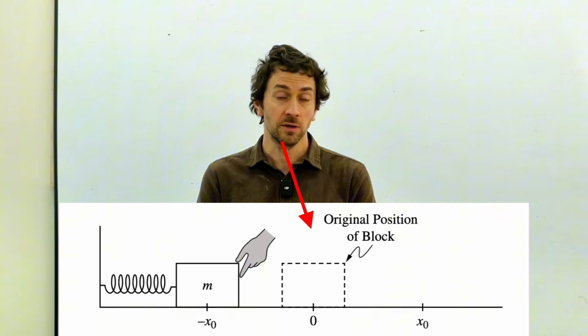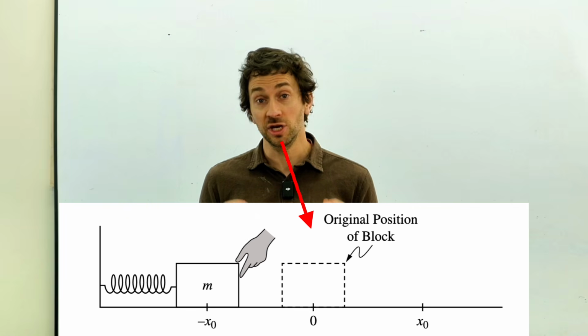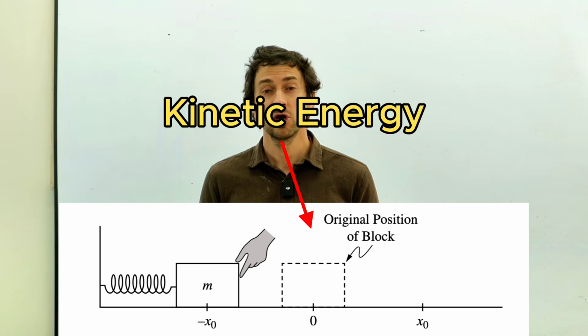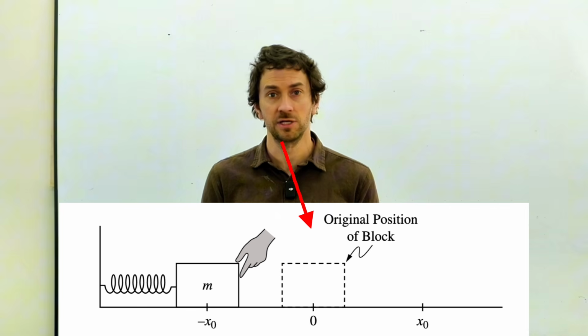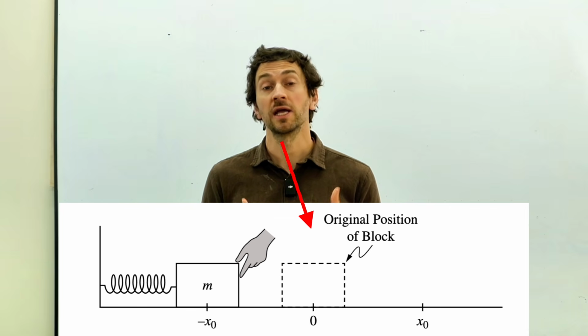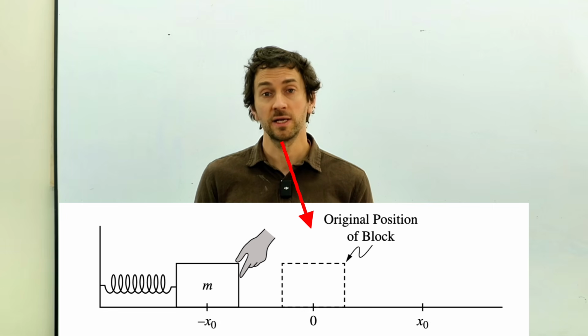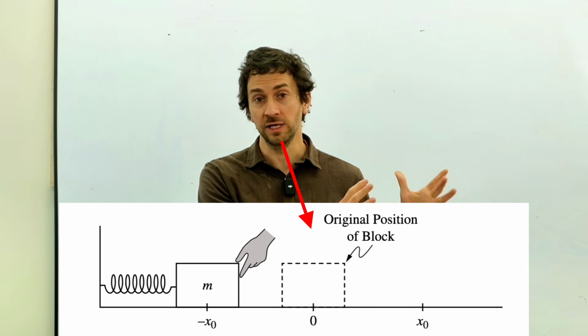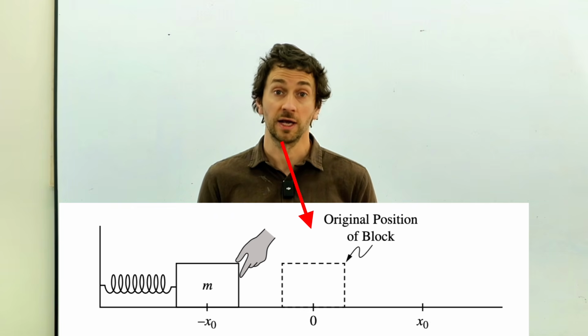When the block is in the middle, x equals 0, then it's going to have no spring energy, it's just going to have kinetic energy. So the spring compression is 0, the spring energy is 0, and all the energy is kinetic energy. Because of the conservation of energy, we can say that the spring energy will be 100% converted to kinetic energy.